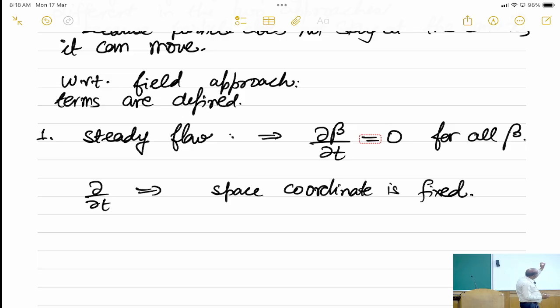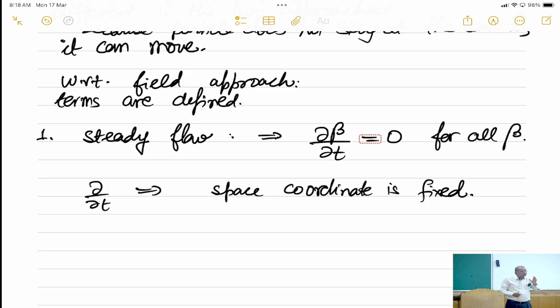So, you are at a particular space coordinate and you observe a property of the particle, or the field property, and that stays constant. And this happens at all points. Then we say the flow is steady. All points and all properties, because beta is any property.